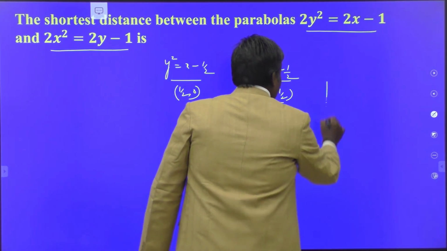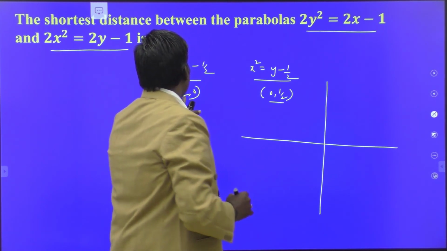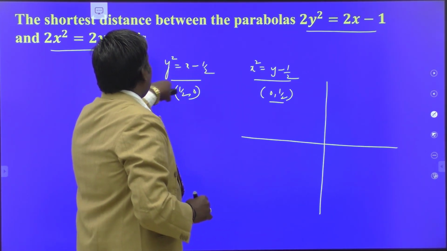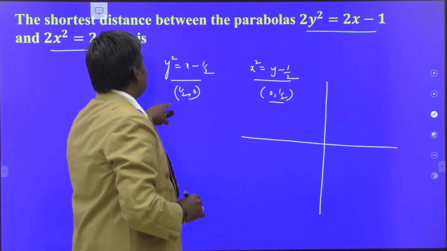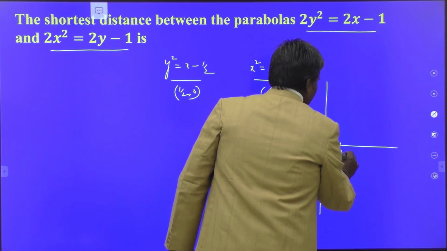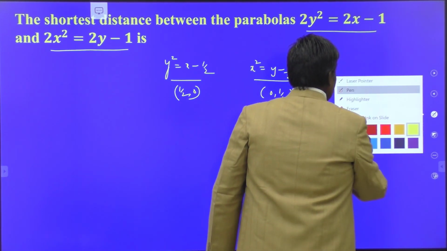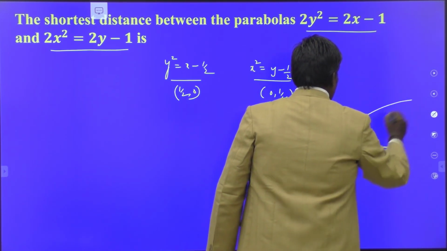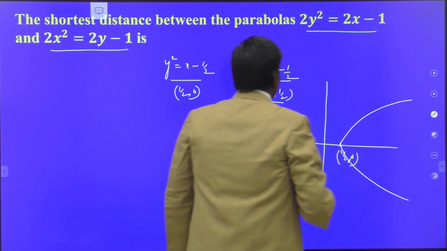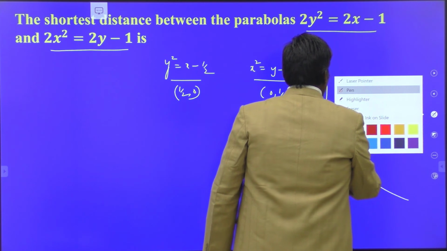If you draw the figure, these are the coordinate axes. This is the parabola whose axis is along the x-axis with vertex at (1/2, 0). Your parabola is like that. Next, (0, 1/2) is the vertex of the second parabola.